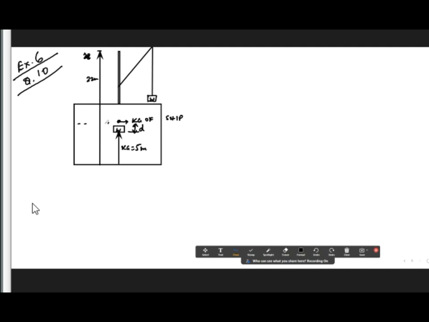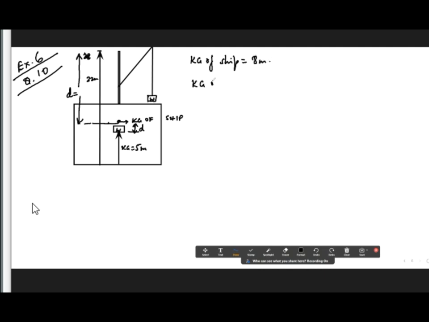So, given: KG of ship is equal to 8 meters.